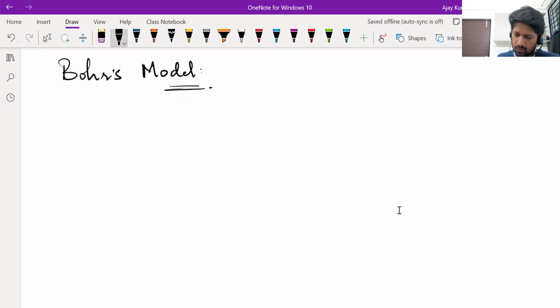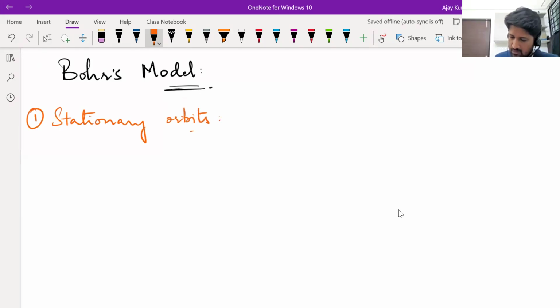So the first thing Bohr proposed is the existence of stationary orbits. Now, stationary orbits are basically stable orbits. Stable in terms of what? In terms of energy of the electron.